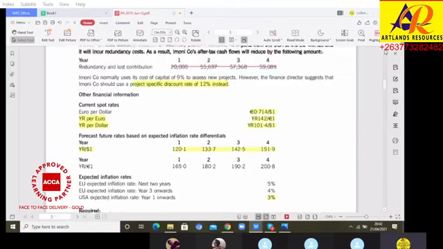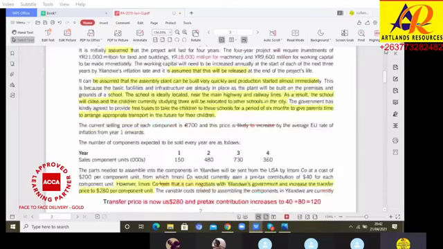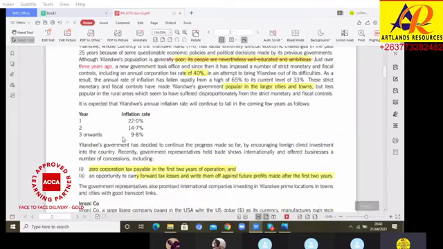They are saying assembly costs are 1596 per component. But we are told that this is going to increase by inflation from year one onwards. So what is the rand inflation? The rand inflation is given at the top. Year 1, 22%, year 2, 14.7%, year 3 onwards, 9.8%.